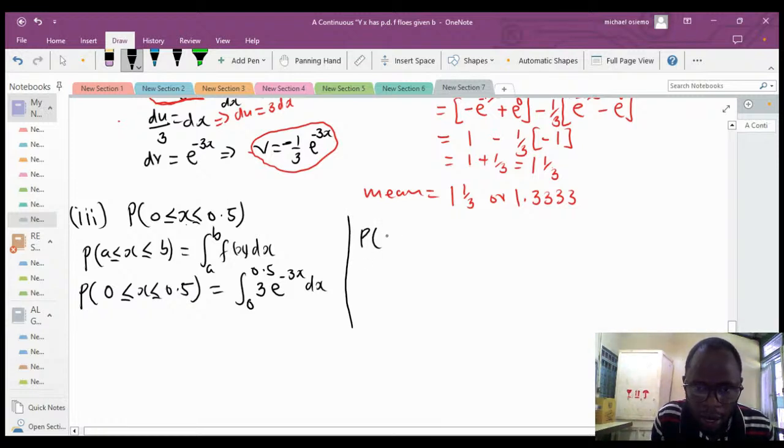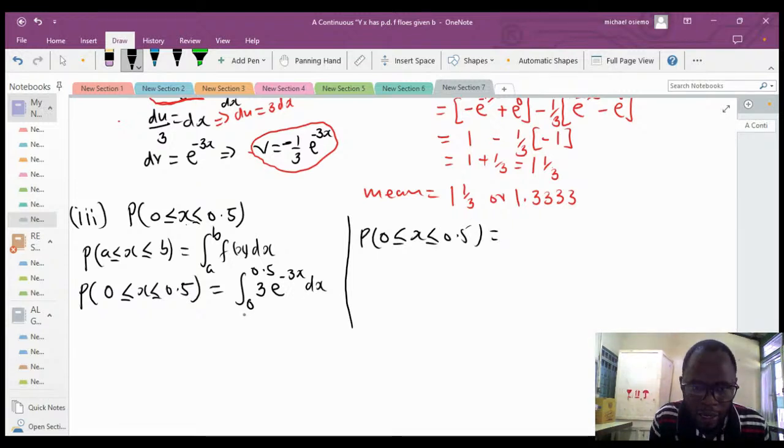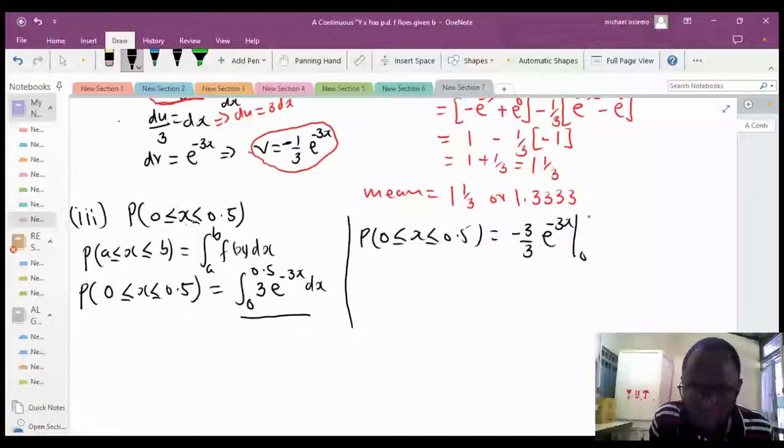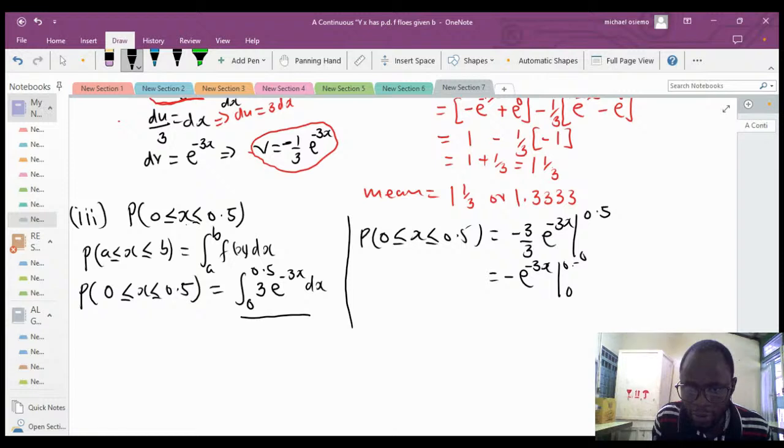When we integrate this function, we shall get negative 3 over 3 exponential raised to negative 3x, with x running from 0 to 0.5. If we simplify this, we shall get negative exponential negative 3x from 0 to 0.5.